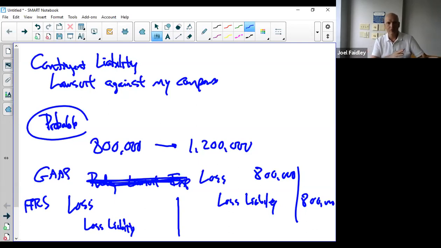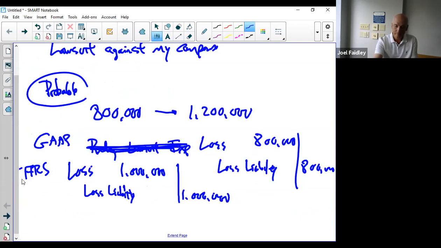If none are more likely than the others, then they say take the average. So with IFRS, it's going to be what? 1 million. That's halfway between, yeah, $1 million. IFRS and GAAP, 2 different ways for the same thing.